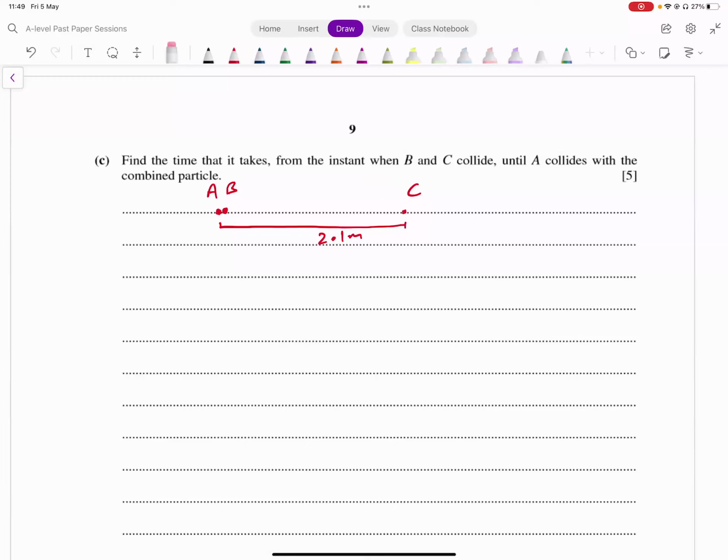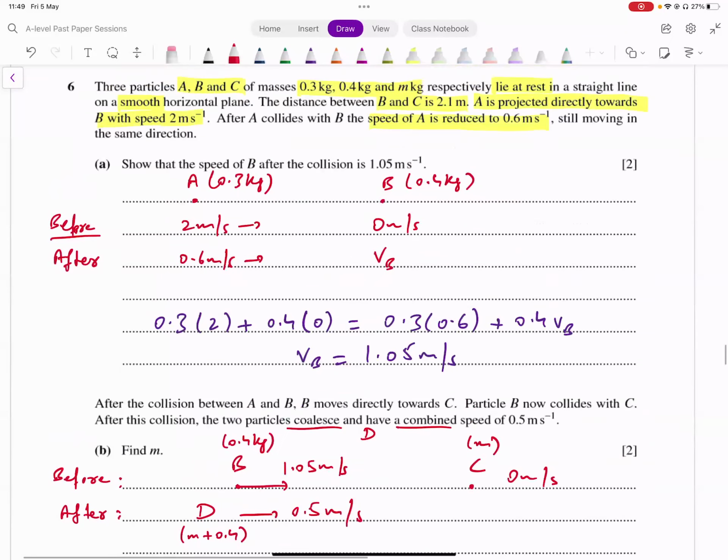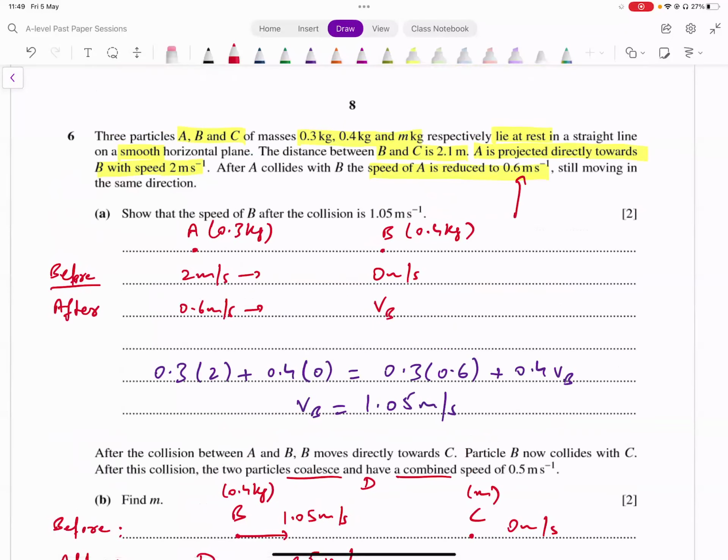रिमेंबर, फर्स्ट कोलिजन के बाद A और B की स्पीड क्या थी, ये हमने कहीं पे निकाली हुई है. A की स्पीड उसने बताई हुई थी 0.6, B की स्पीड हमने निकाली है 1.05. लेट्स पुट देम देयर.